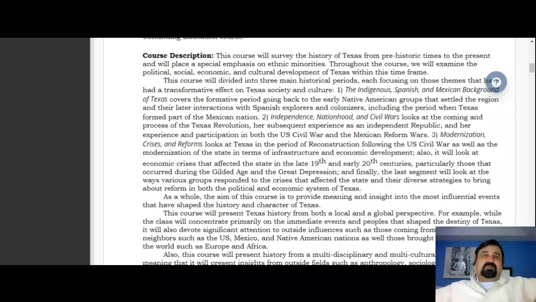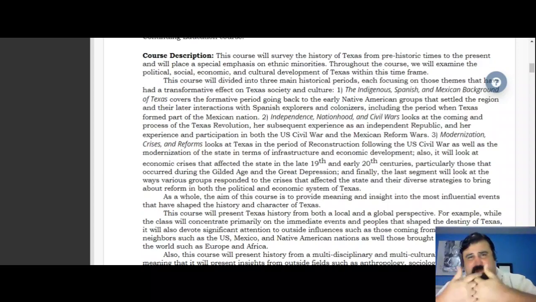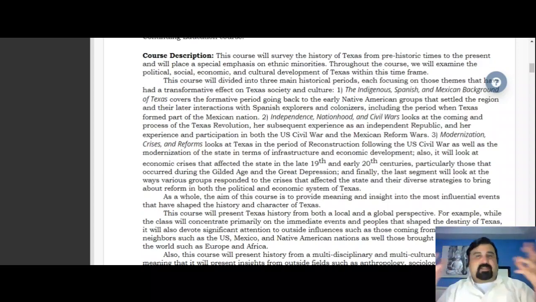Texas was part of that large imperial system of Spain in the Americas. And there's going to be interaction between the Spanish settlers and the indigenous peoples. At some point, there's going to be a mixing of Spanish and Native American, and a hybrid kind of culture on the rise in Texas.